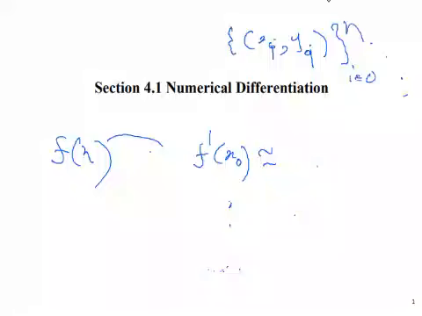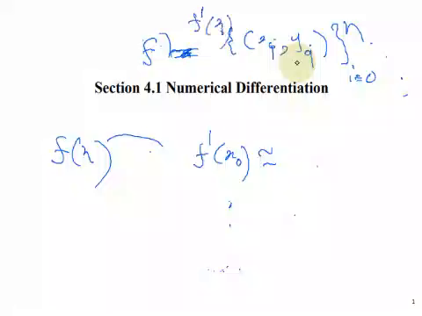This data set represents a certain function, so suppose f represents this data set. This function represents this data set, and you want to find the derivative of f at a certain point, say at x naught.